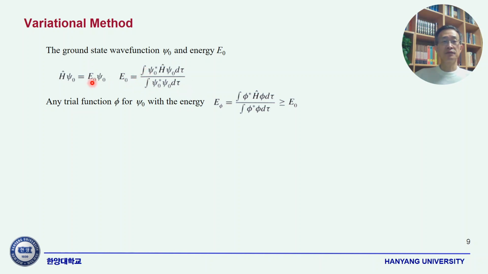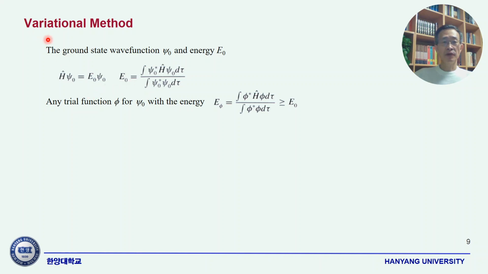If psi naught is not normalized, then you have to divide the Hamiltonian integral by its overlap integral. You just put psi naught star from the left-hand side and integrate, and E naught is a constant, so you end up with this integral equals E naught times this integral. So E naught is this divided by this. This is the energy integral.